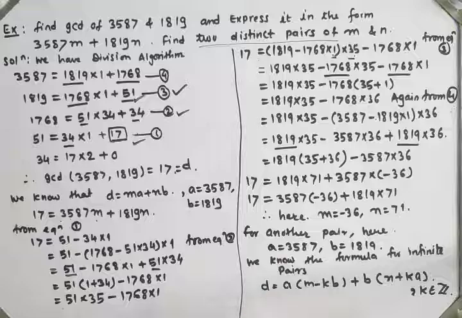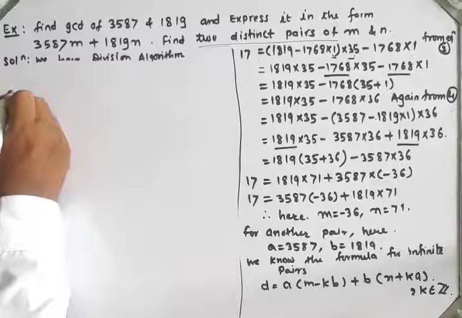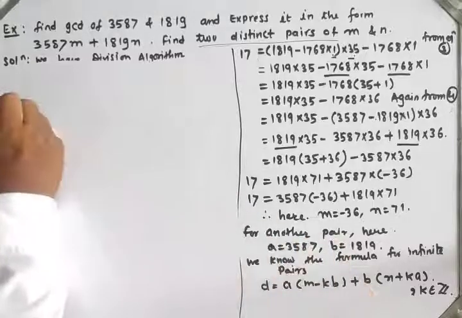And d is the GCD of the two numbers, right? So d is equal to 17.